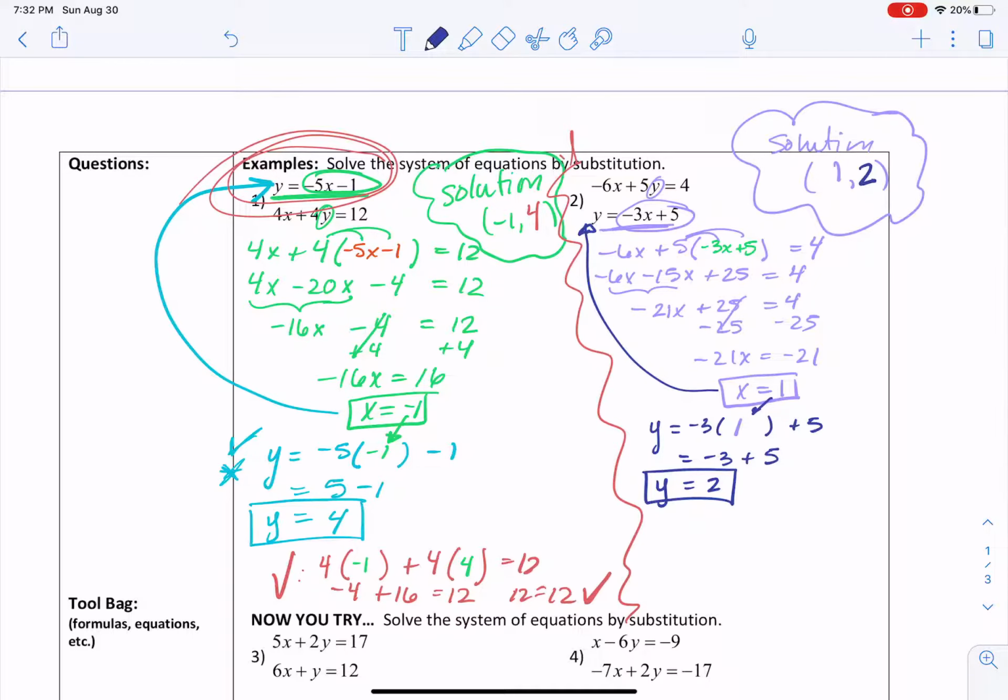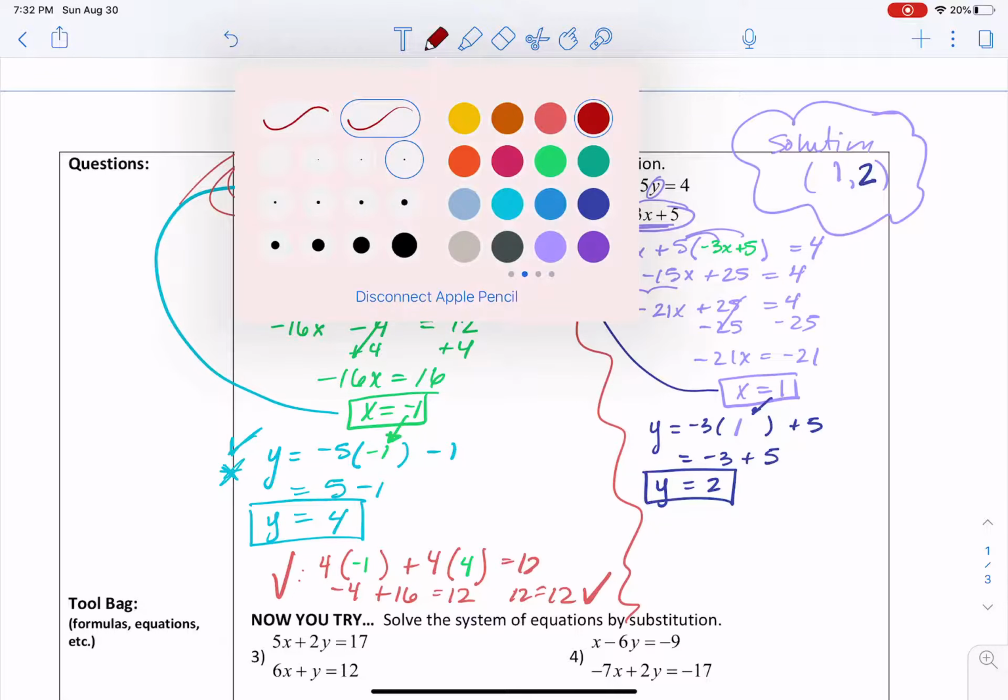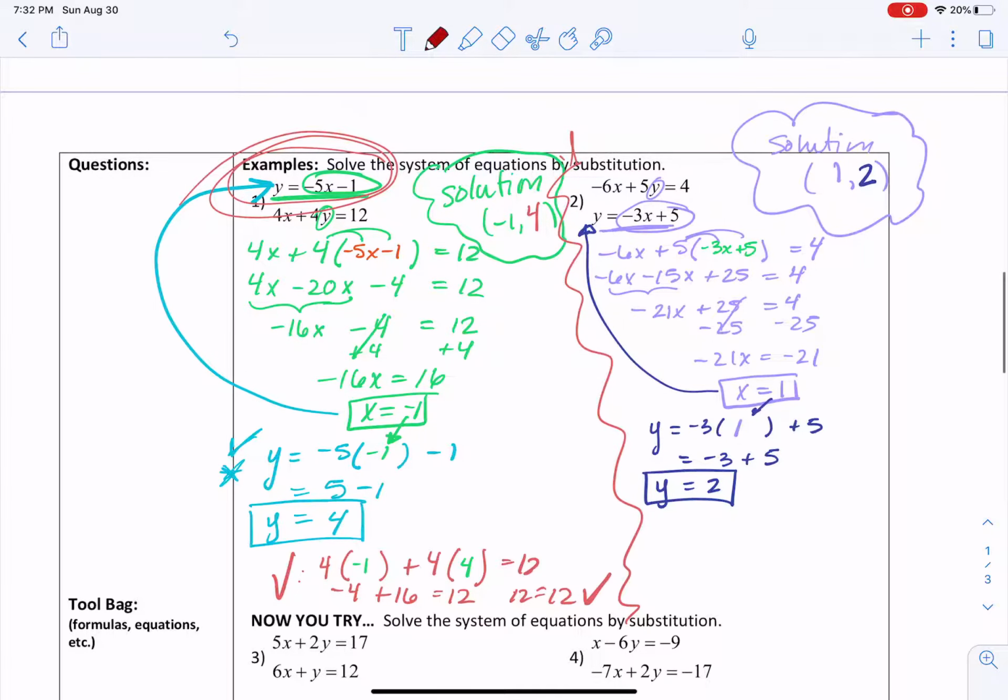To check that, I'm going to use the equation with two variables. Negative 6 times whatever x is plus 5 times y equals 4. I know that my x is 1 and my y is 2.